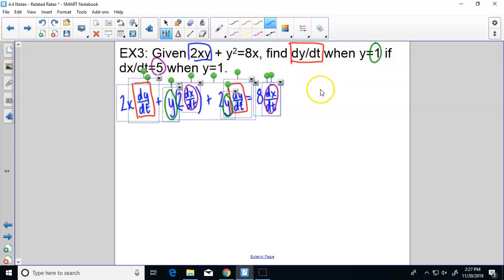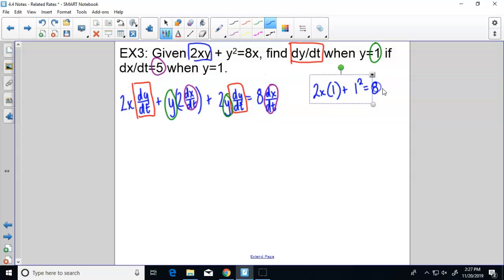Original equation. So we'll have 2x times 1 plus 1 squared equals 8x. So that's 2x plus 1 equals 8x. We will subtract that 2x. 1 equals 6x.